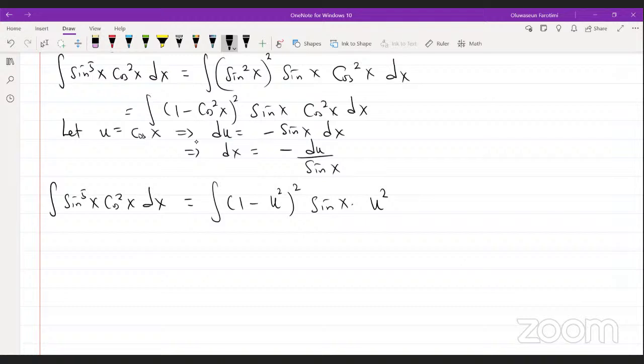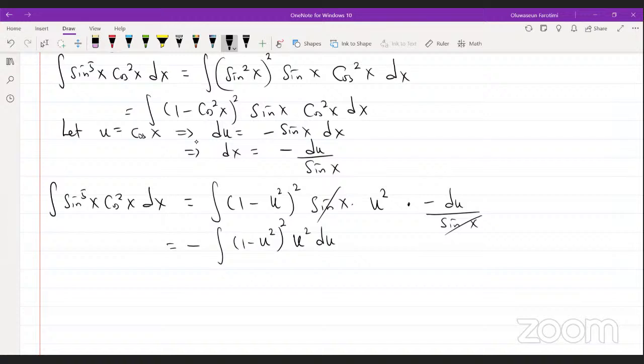So what is dx? The dx is negative du over sine of x. Of course, with u sub, something definitely cancels. This guy takes off this guy. So at the end of the day, I do have a negative up front, right? I have the integral of (1 minus u squared), you do have a square, you have a u squared du.